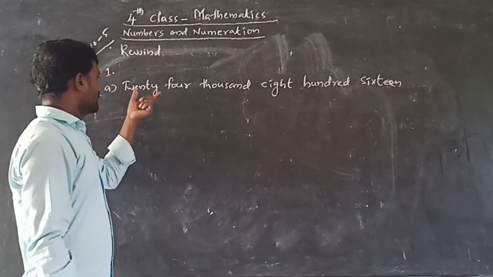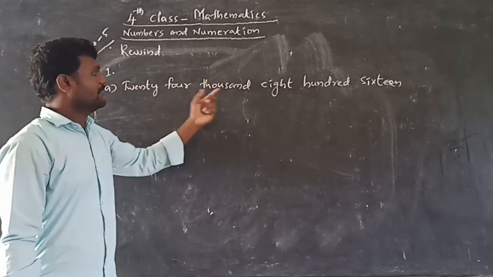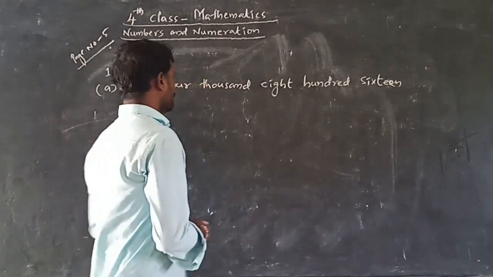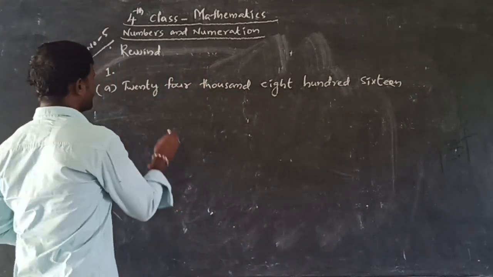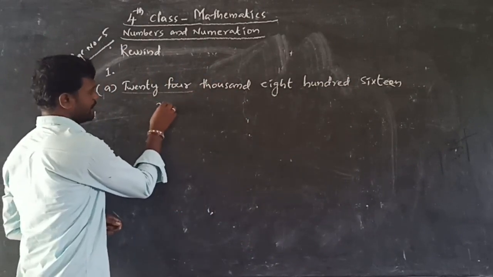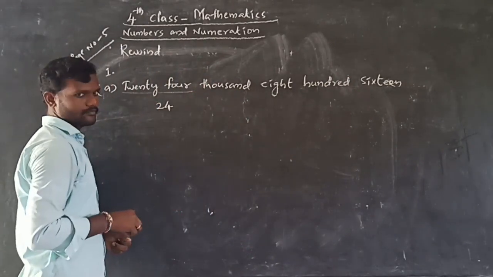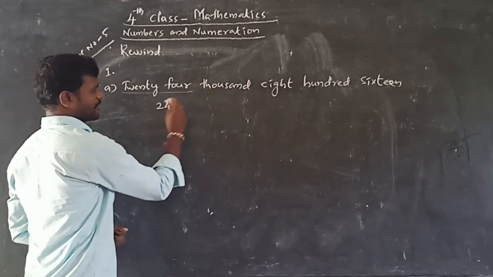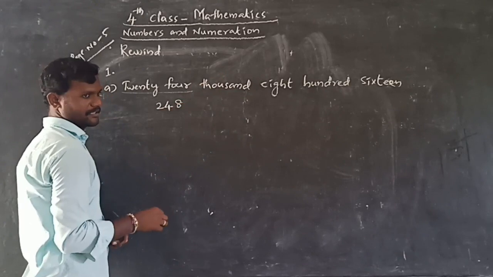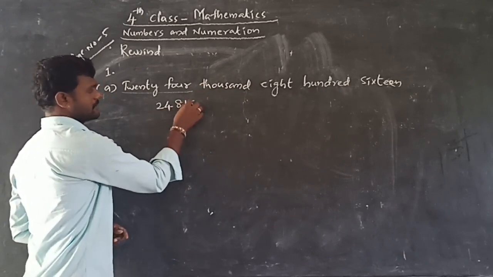Okay. 24,816. So, first thousands. How many thousands are there? 24 thousands. So, write 24 thousands. 8 hundreds. After thousands, there is only hundreds. So, directly 8 is in hundreds. And 16.